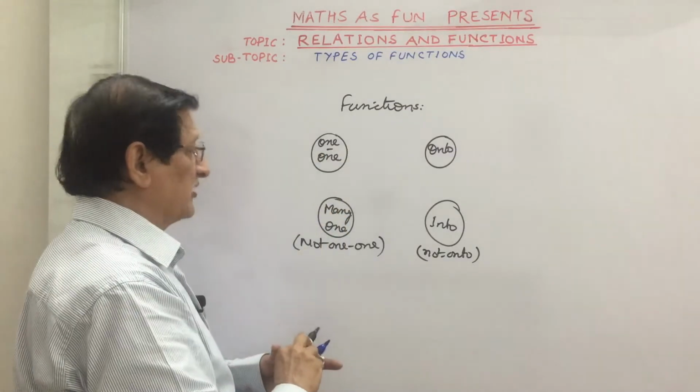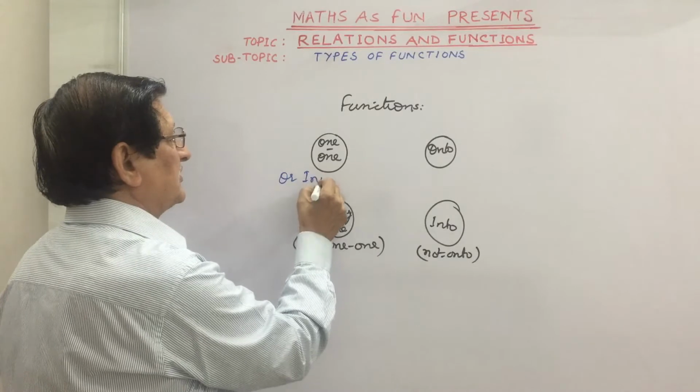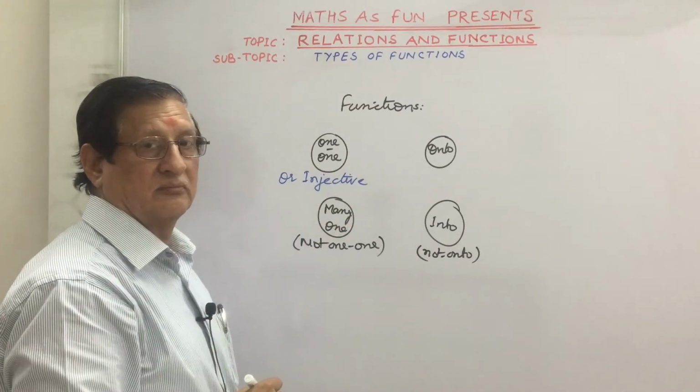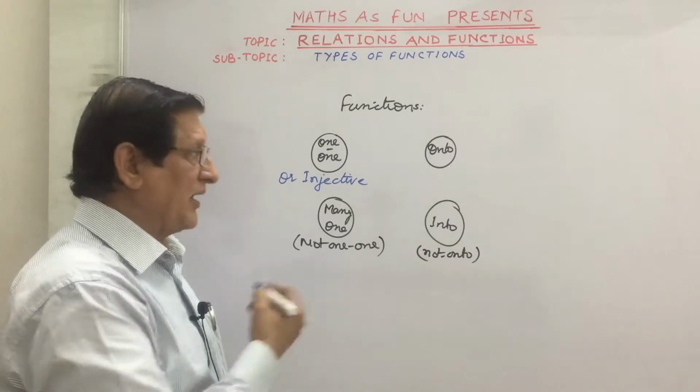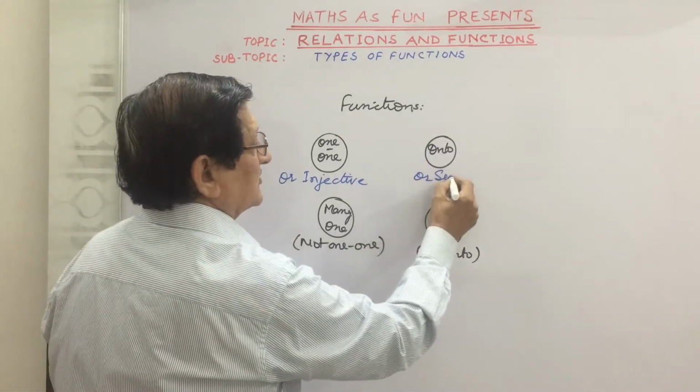This one-one function is also known as injective. And the onto function is also known as surjective.